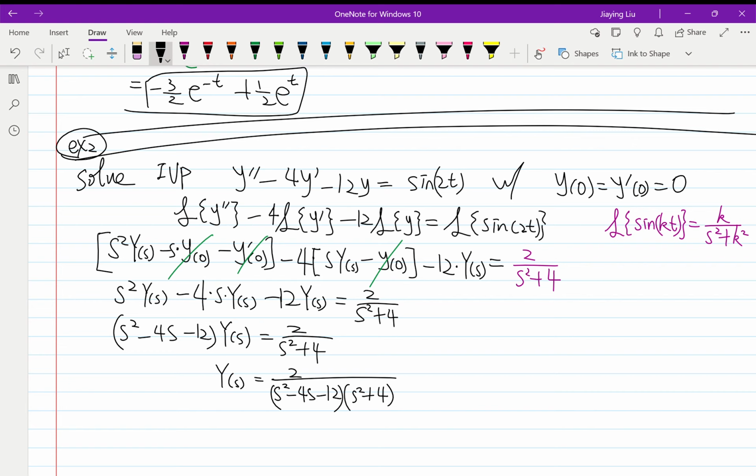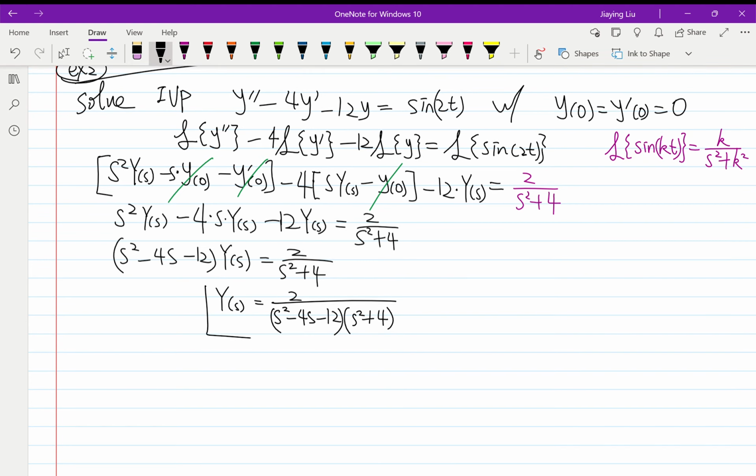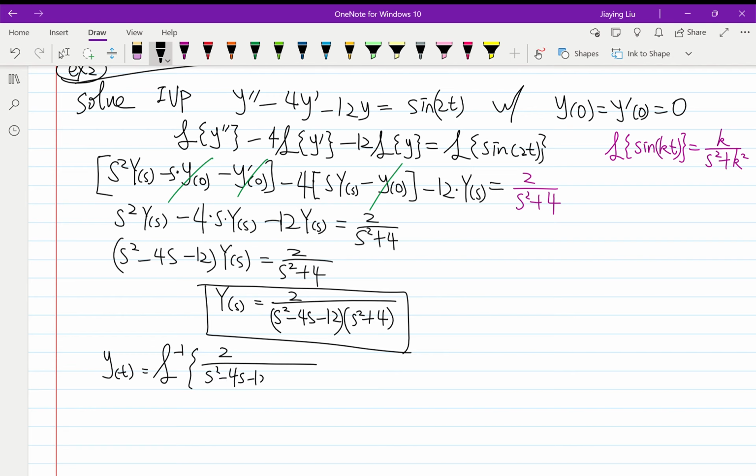So that's the second step. We found the Laplace transform of lowercase y of t. We have to figure out what y of t is. So step 3, y of t equals inverse Laplace transform of this fraction, 2 over s squared minus 4s minus 12 times s squared plus 4.